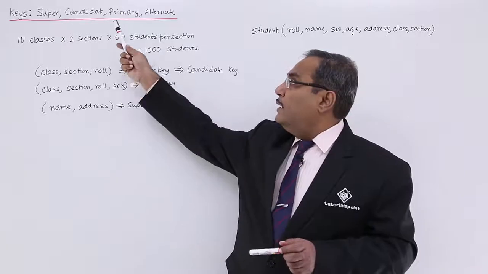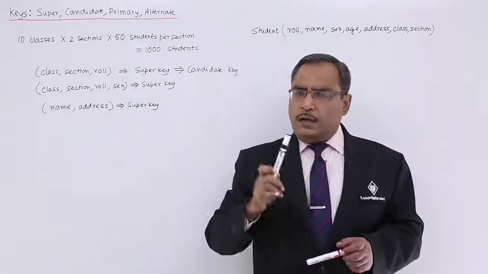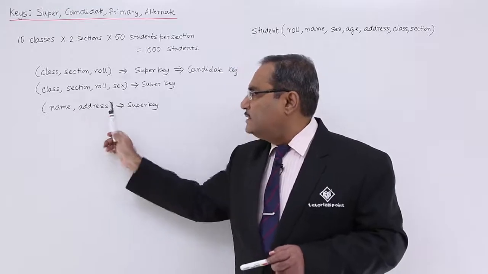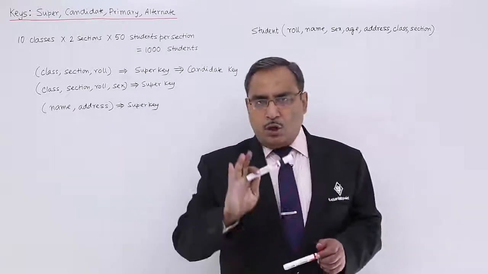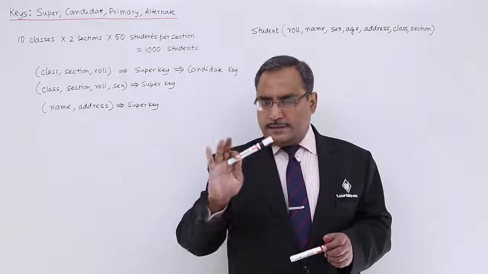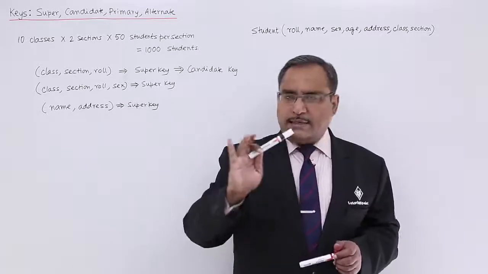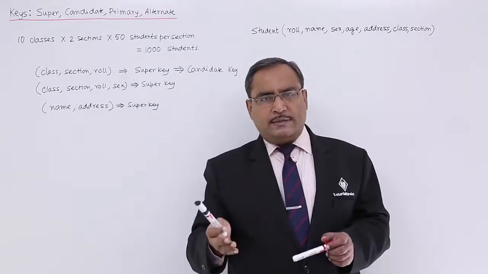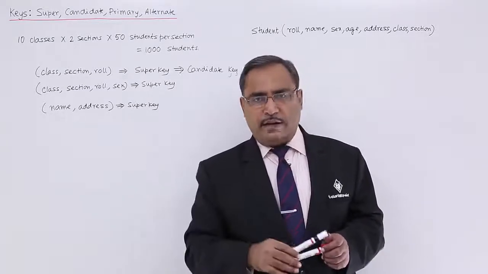Now let me go to the primary key. Now see, we can consider another combination, that is name and address, which is a super key, because two brothers are coming from the same house, so their addresses are the same but the names are different. Two students may have the same name but they are coming from different addresses.